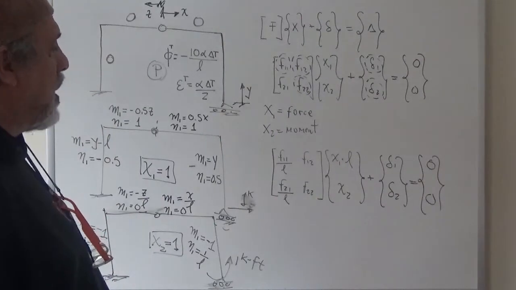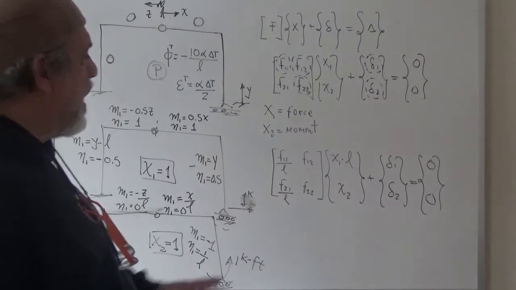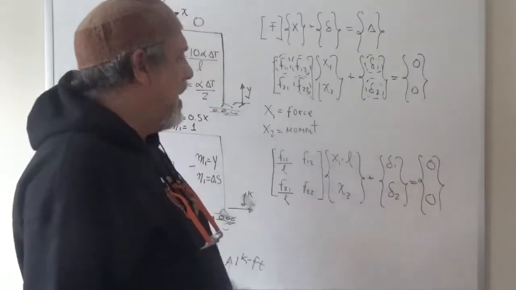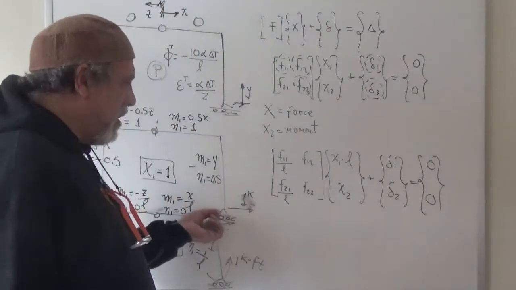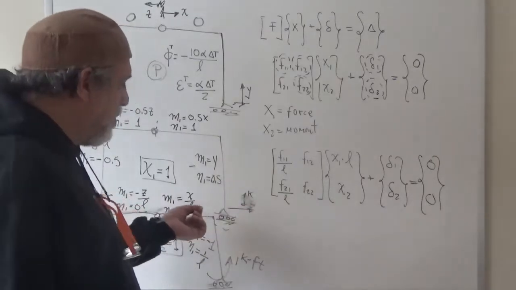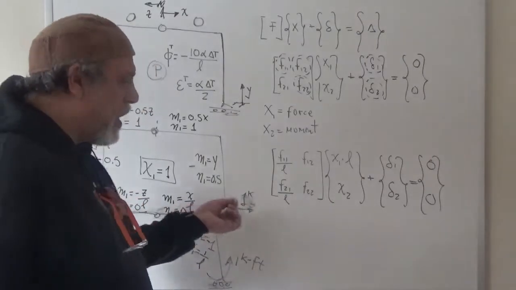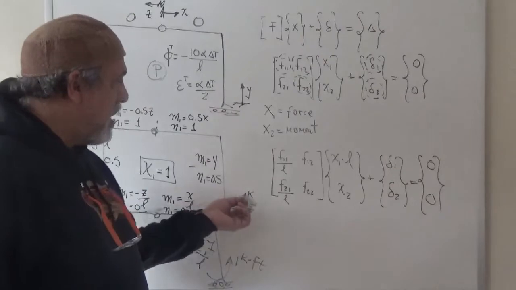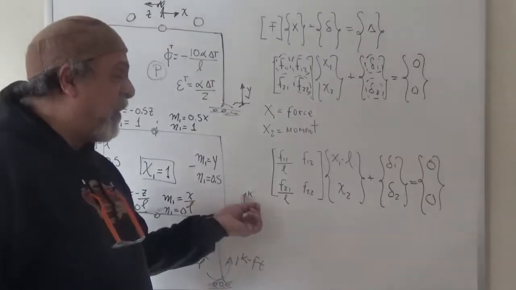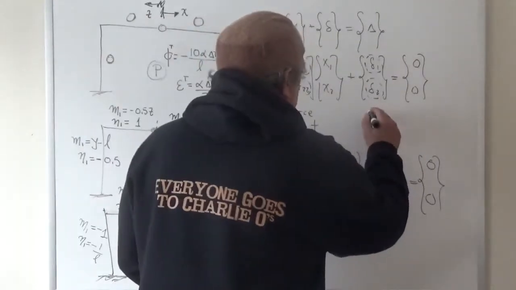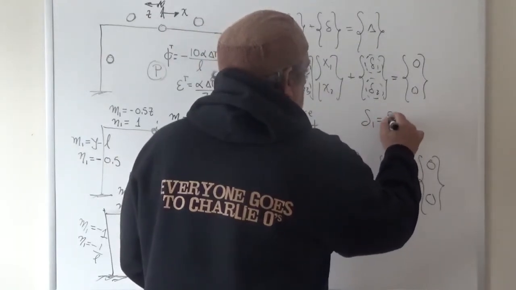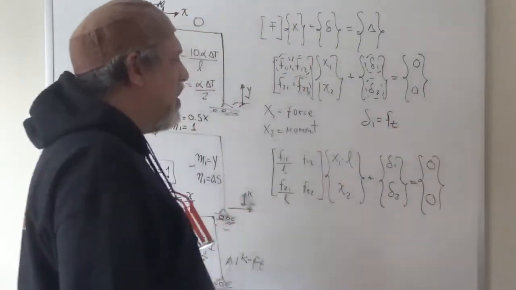Now, you can also recognize the following. What is delta 1? Delta 1 is the movement in the first coordinate, right? The movement that is compatible with x1, that in which x1 does work. So delta 1 is a movement, feet, inches, something, right?